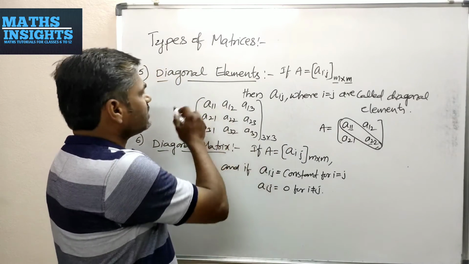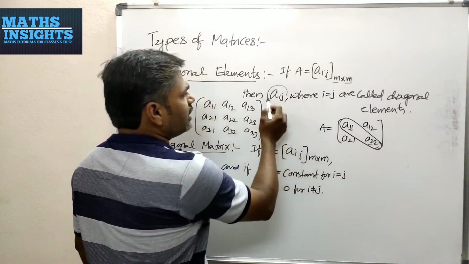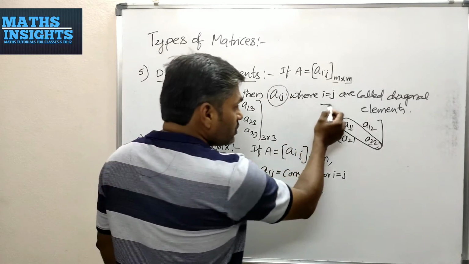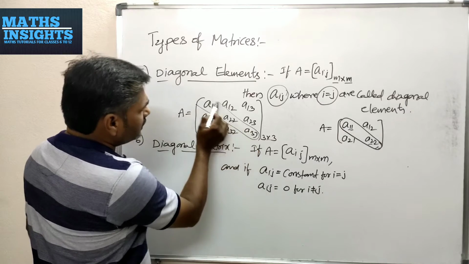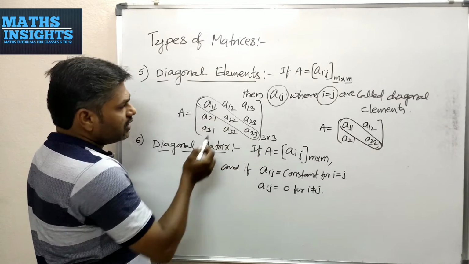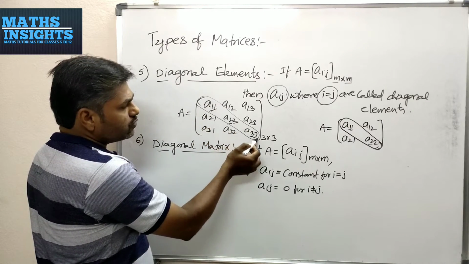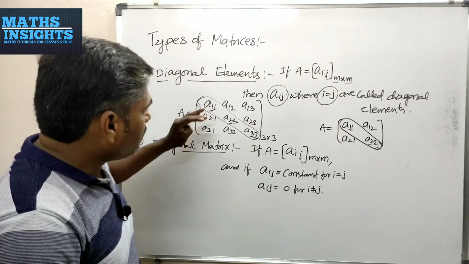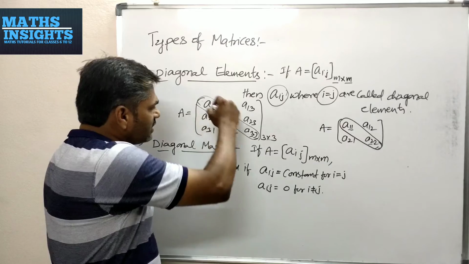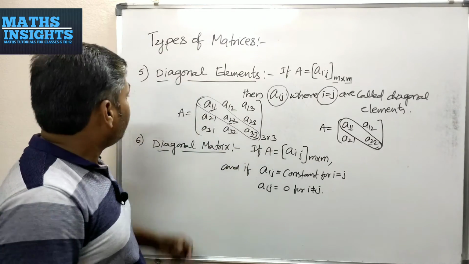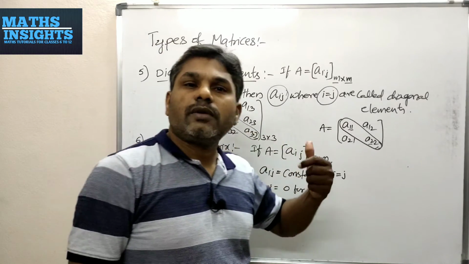Now my condition is diagonal elements, or the elements Aij whose i is equal to j. Here in all these elements, i is equal to j: 1 equals 1, 2 equals 2, 3 equals 3. So in any square matrix it will happen, and the elements in this area are called the elements of the principal diagonal.